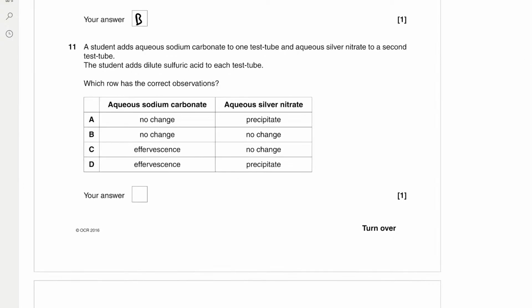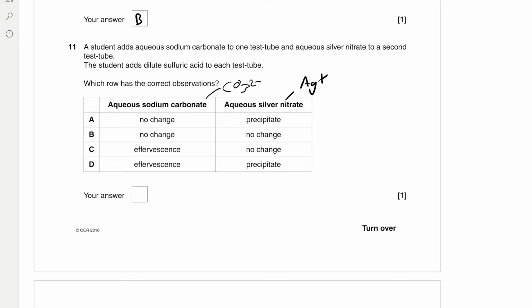Question 11. A student adds aqueous sodium carbonate to one test tube and aqueous silver nitrate to a second test tube. The student adds dilute sulfuric acid to each test tube. Which row has the correct observations? So, aqueous sodium carbonate is going to provide carbonate ions, CO3 2-, and silver nitrate we're going to get Ag+ ions which react with halides.